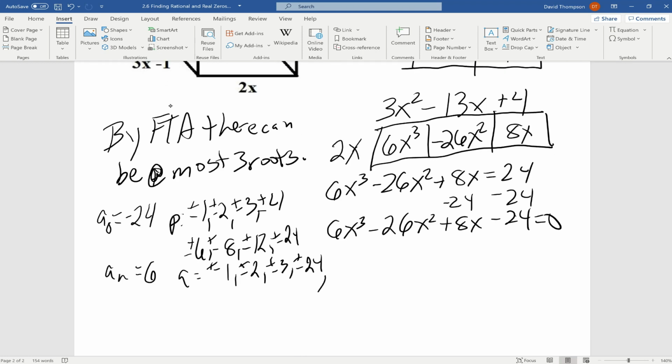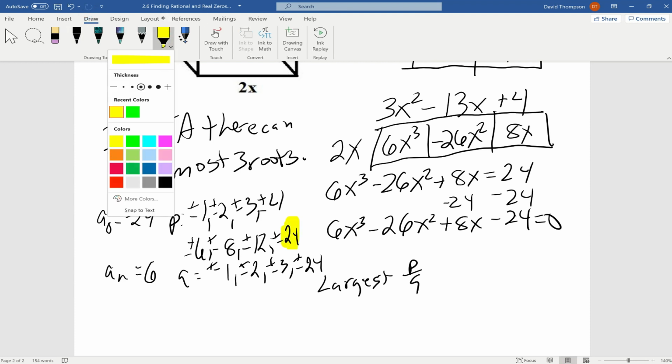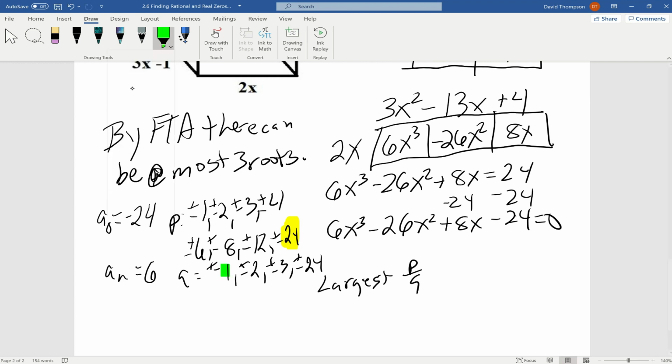So the largest has to be in the form of P over Q. Our largest number in our P list is 24. Our smallest in our Q list is 1. So it's just going to be 24 over 1, which reduces to 24 as our largest possible root.